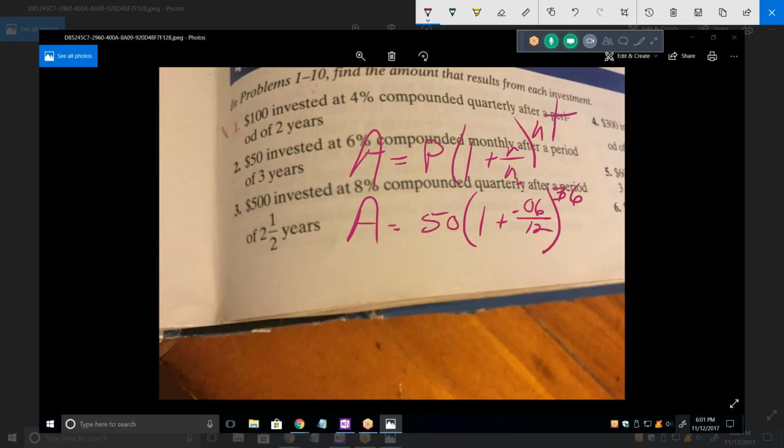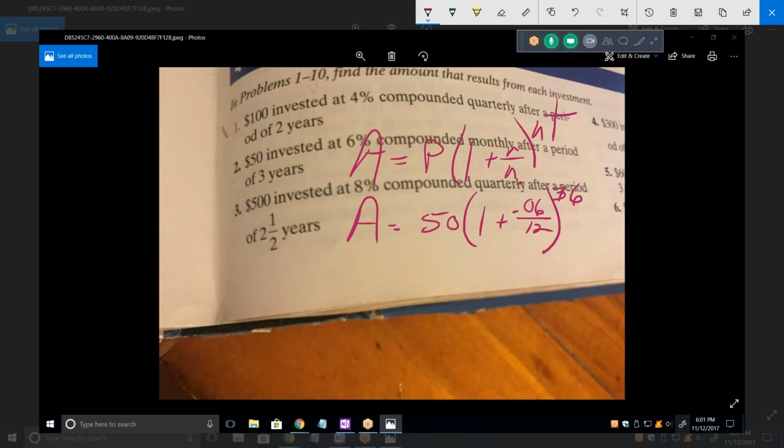And this looks a little frightening, these huge exponents. The very first time I remember working with this, I said to myself, am I doing something wrong? Because that's an awfully large exponent. But notice that you're taking a very, very small number that's barely above 1. It's not even 1.06, it's closer to 1.005. And when you take numbers that are really close to 1 and raise them to gigantic exponents, they don't get that big.